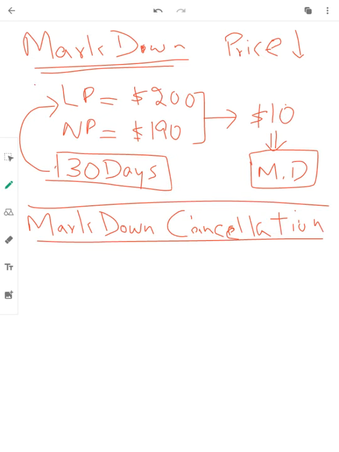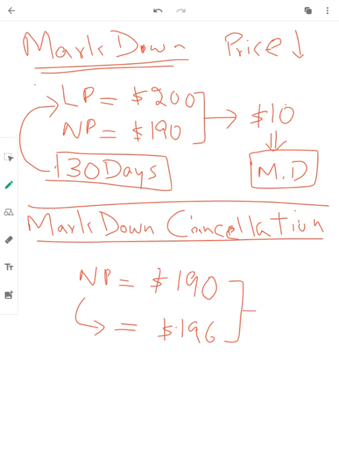So let's say that the new price we fixed after the markdown was $190. Now this price is supposed to go back to $200. Assume that I decided the new price will not be $200, it will be, let's say, $196. So from 190 I increased it only by $6.